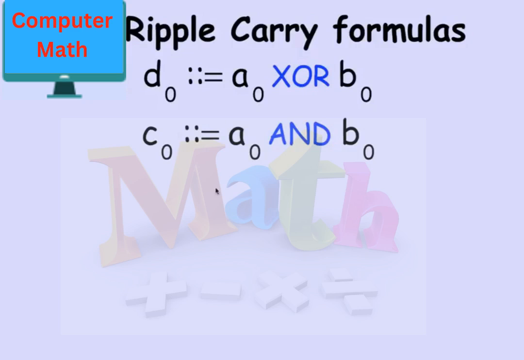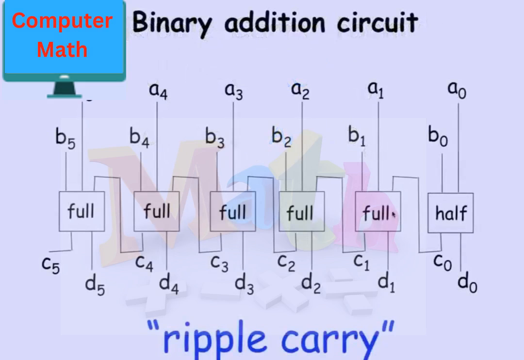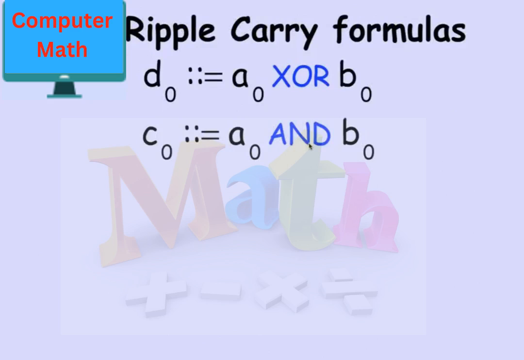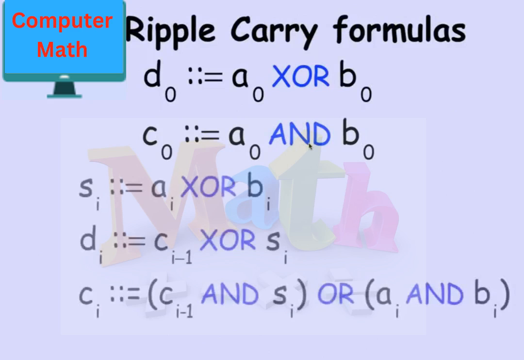Now the more general case of the full adder, what's coming in here is an A and a B with the same subscript, Ai and Bi, and what's coming out is the ith digit of the binary sum, Di, and the carry, Ci. And I can describe those just by using the formulas for the full adder. So I'm going to introduce a new convenient variable, Si, which I'm going to define to be Ai XOR Bi.